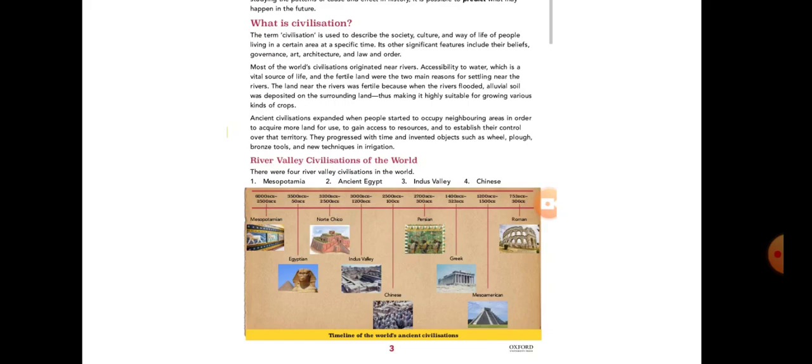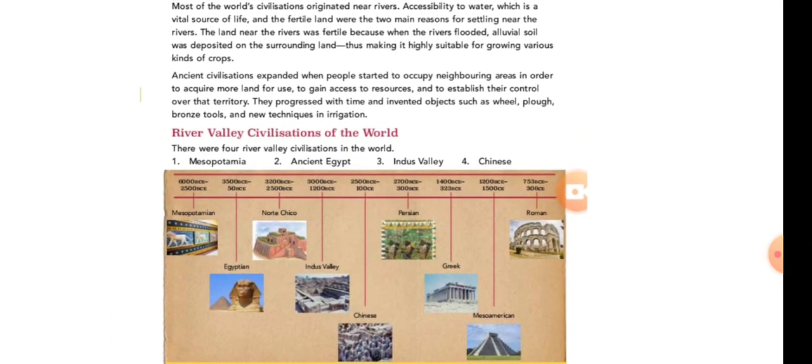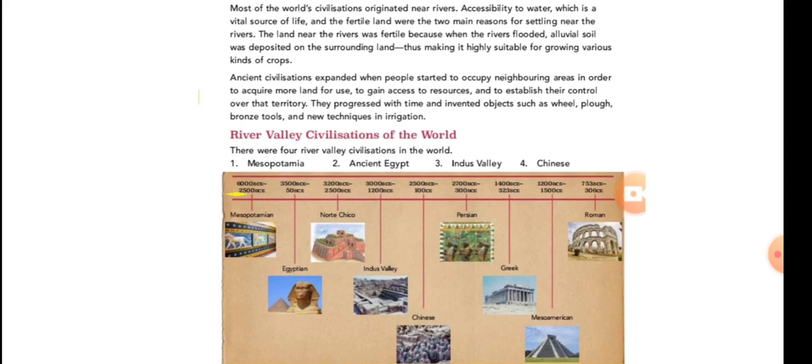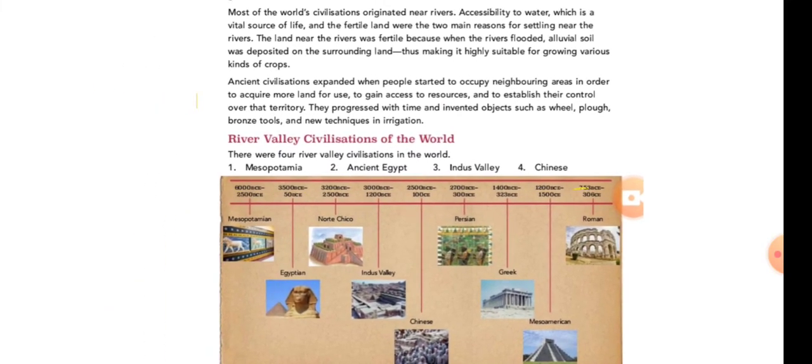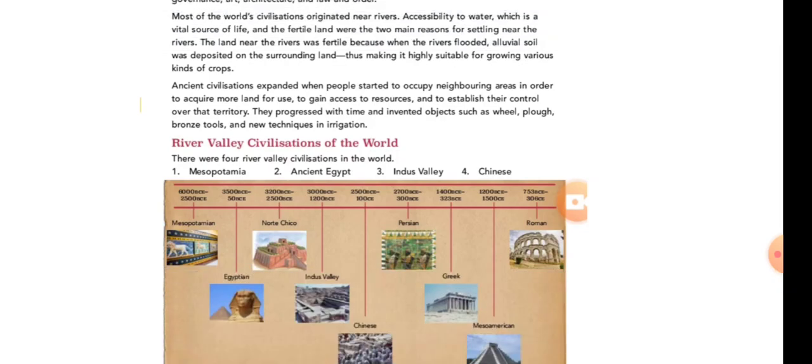Now, in this picture, you can find some of the river valley civilizations of the world. There were four river valley civilizations in the world: Mesopotamia, ancient Egypt, Indus Valley, and Chinese. Now you can read in detail about these dates, and in this you can find the exact timeline.